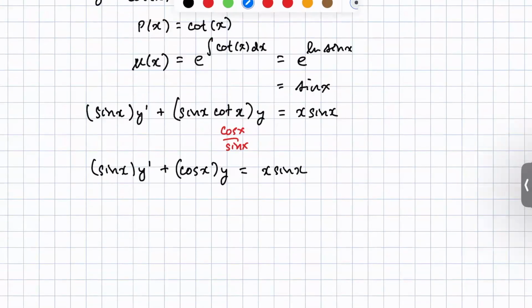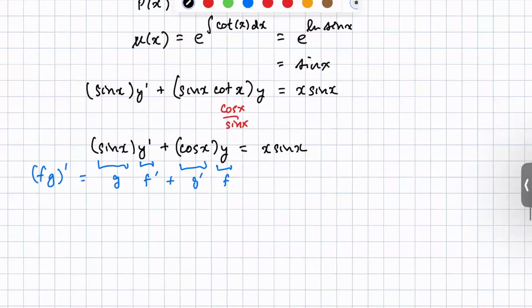Let's just double check. This guy is f. Here's f prime. Here's g. And here's g prime. This is the result of doing a product rule. So let's do reverse product rule. F times g is y times sine of x, prime, equals x sine x.